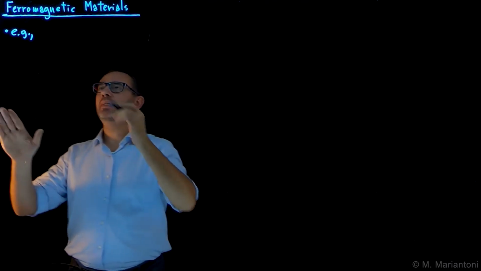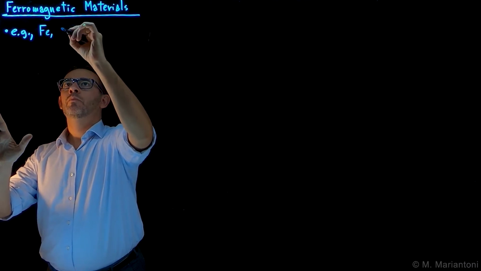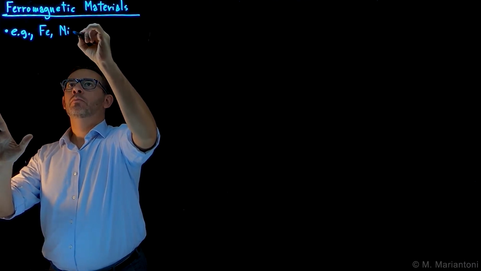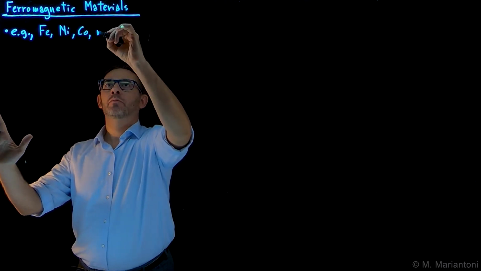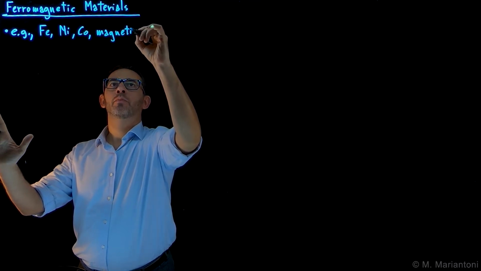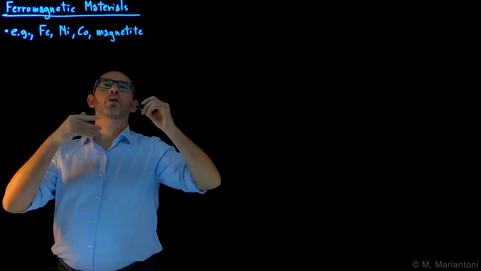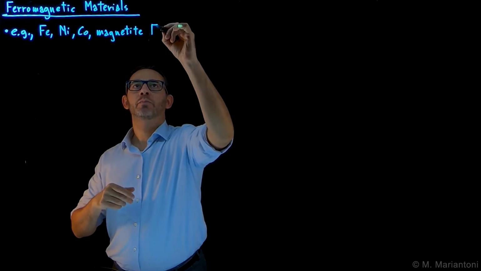examples of magnetic materials are iron, nickel, cobalt, or magnetite, which again is the material utilized to make your magnet that you put on a fridge. So it's iron oxide.